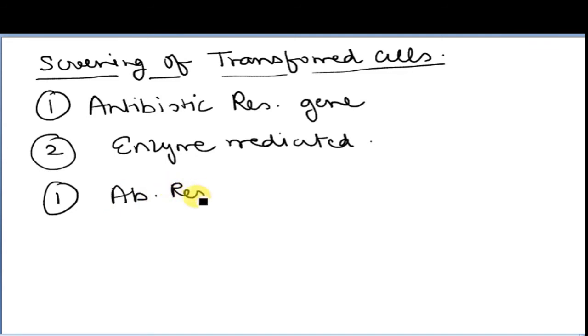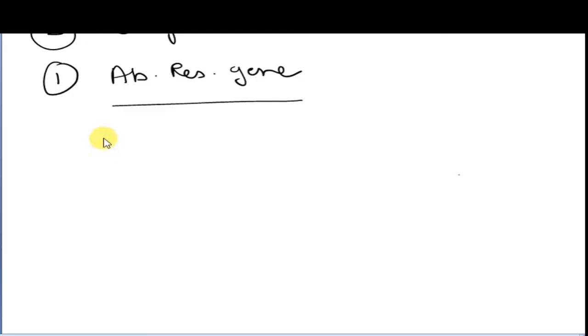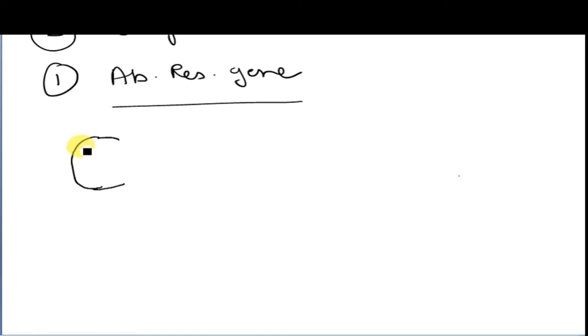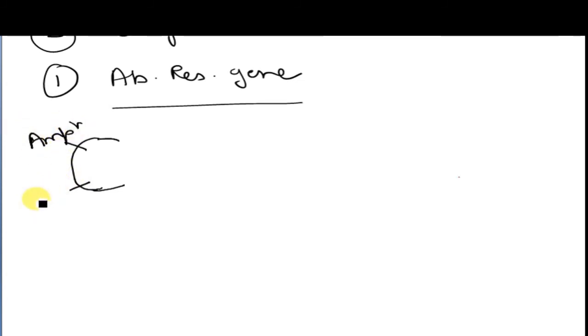antibiotic resistance gene. So this is the vector that we had taken. The vector has multiple genes. It has ORI, that is origin of replication. It also has genes that are responsible for providing resistance, such as ampicillin resistant gene, such as tetracycline resistant genes. Let us take these two genes for our example.